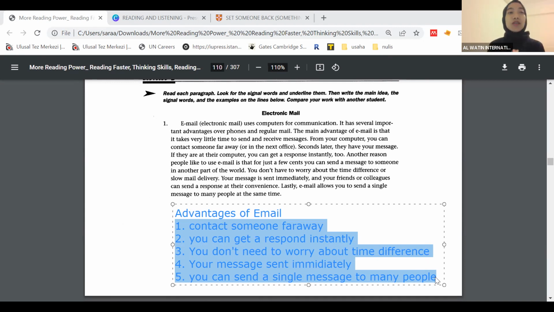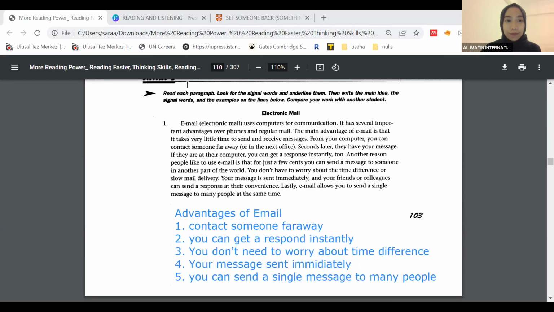Later, when you do writing, remember that by understanding reading, you can also understand writing. Whenever you have a writing exam, or IELTS exam, or TOEFL exam, this is the first type of paragraph you can write. Make a list, 1, 2, 3, 4, 5, and then you can make a sentence. Great.